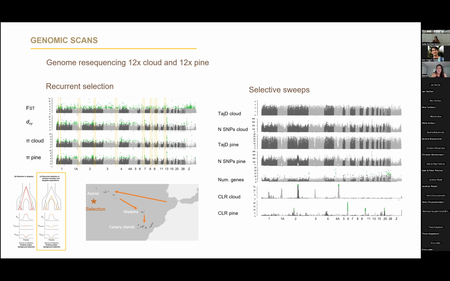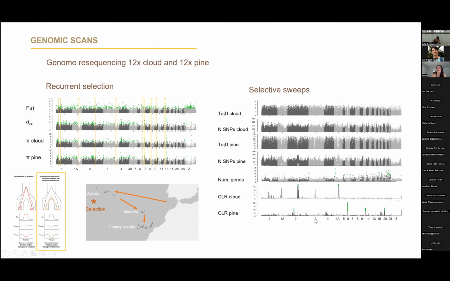We also did perform scans to detect selective sweeps. And here we detected an intriguing pattern that we are still looking into and trying to identify what's going on. So here are the selective sweeps.